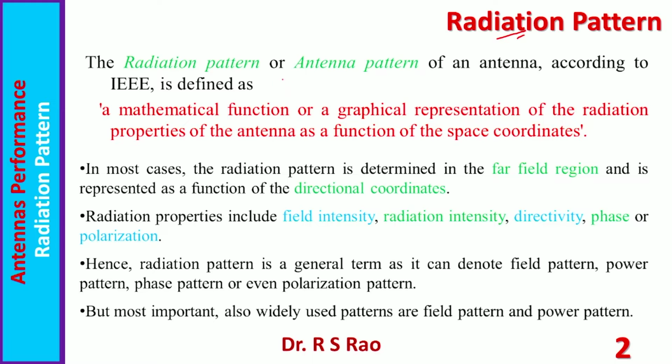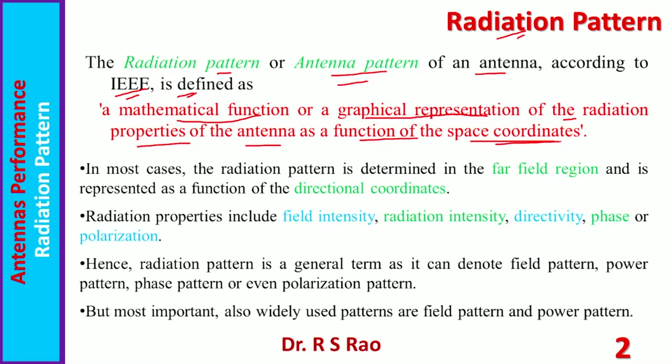Radiation pattern, also known as antenna pattern of an antenna, is defined by IEEE as a mathematical function, meaning an analytical expression, or a graphical representation, a picture, of radiation properties of the antenna as a function of space coordinates.